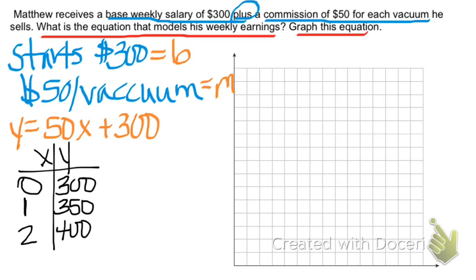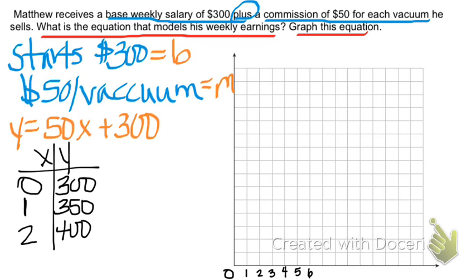So when I number this, I'm going to start both of them at 0. So down here I'll have 0. And then I'm going to count by 50s on the y-axis, but I'm going to count by 1s on the x-axis. So on the x-axis it would look like this: 1, 2, 3, 4, 5, and so on.